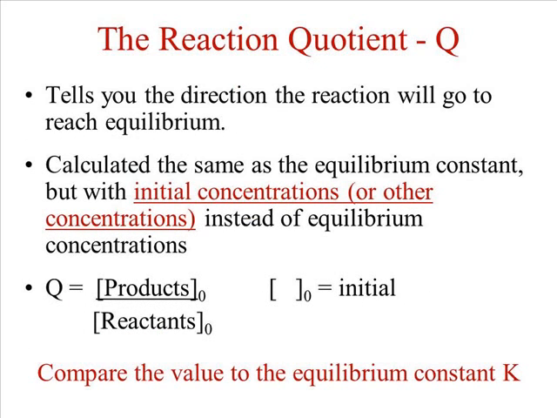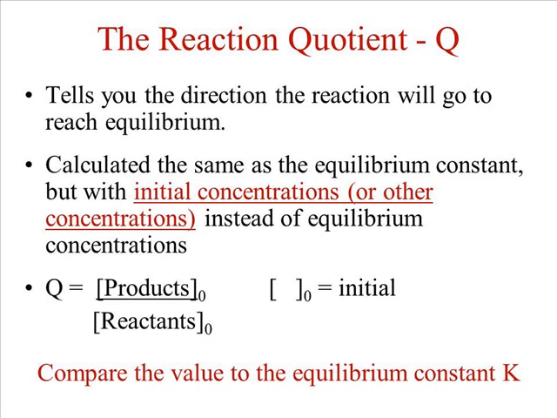The reaction quotient, Q, is simply the same math as finding K, but it's telling you where you are in the reaction prior to reaching the equilibrium concentrations. So it's going to tell you the direction in which the reaction is going to need to shift in order to reach equilibrium.